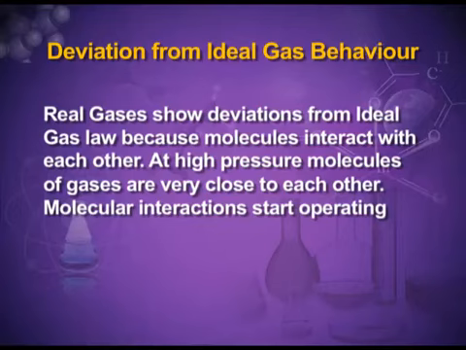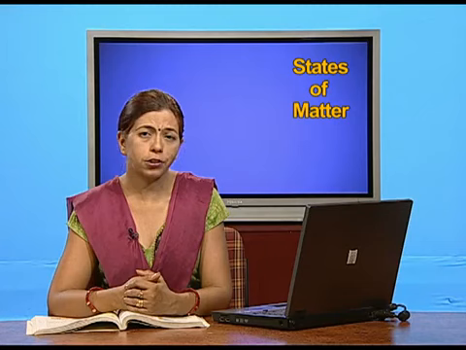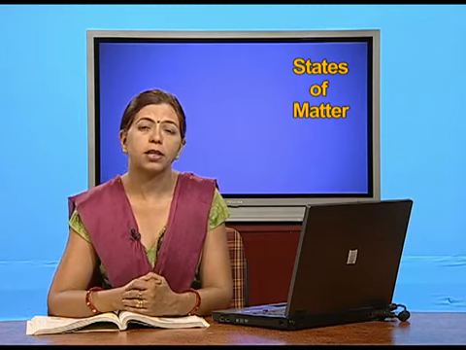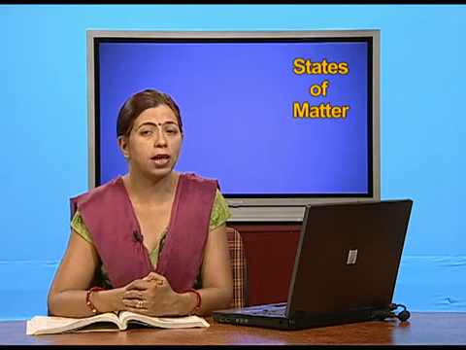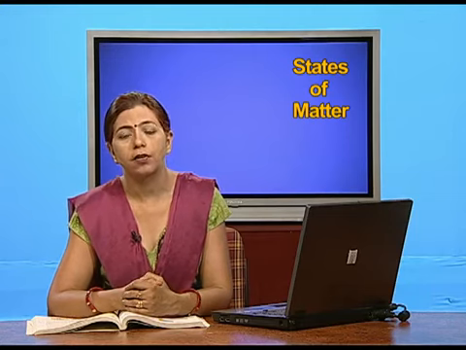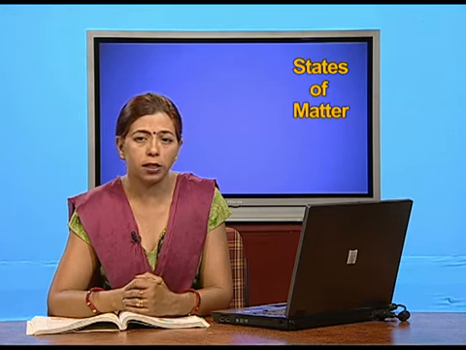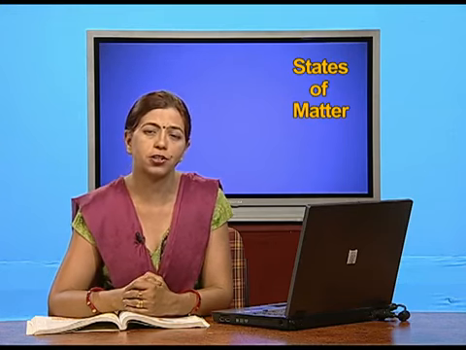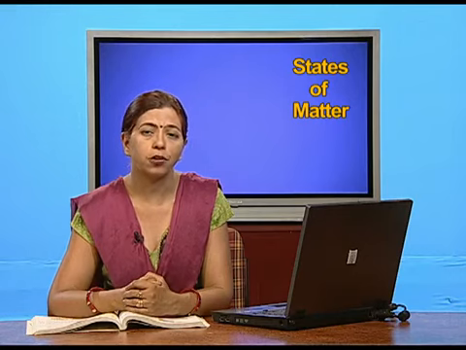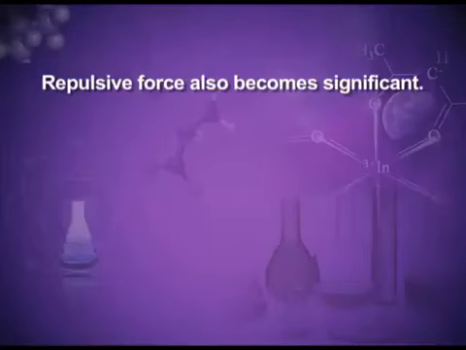Molecular interactions start operating. Kinetic theory of gases says that intermolecular forces between the gas molecules are negligible, but actually this is not the case. When the pressure is high, there is a considerable amount of intermolecular interaction, and that is why we don't have ideal gases.